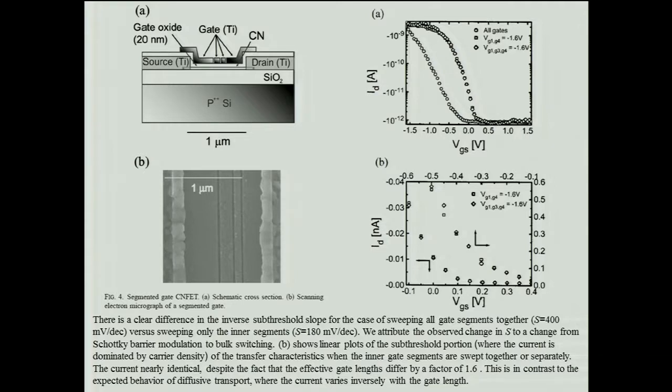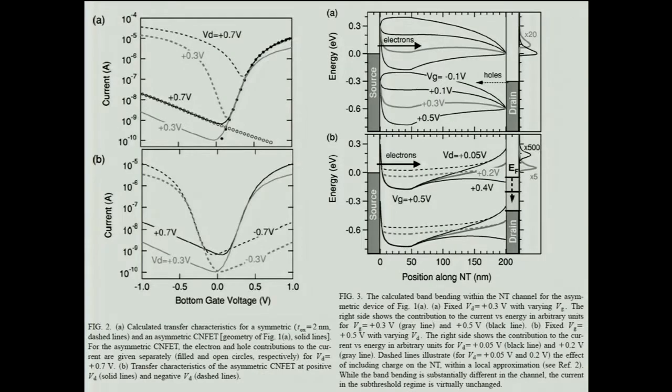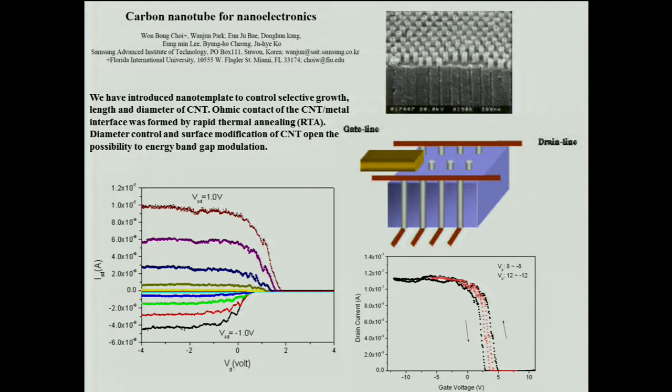So, this paper talks about how you can use an array of transistors, and they have a selective growth mechanism. We also know from the previous slide that the nanotube behavior, metallic or semiconductor, depends upon the diameter of the carbon nanotubes.